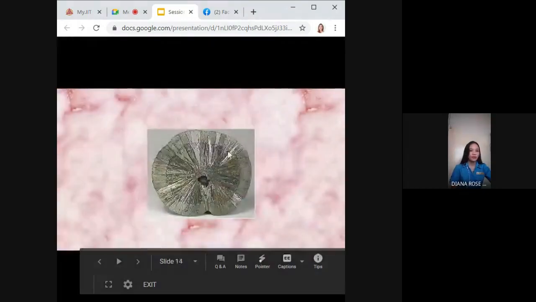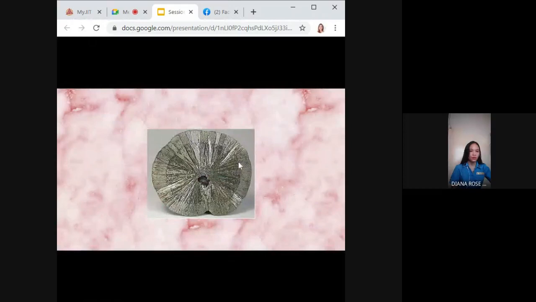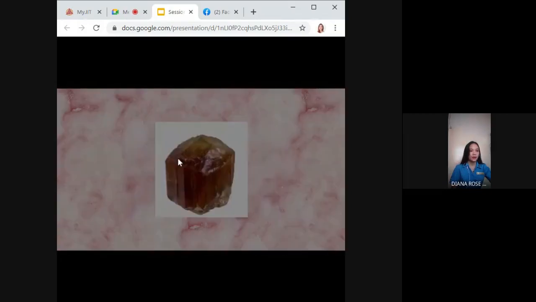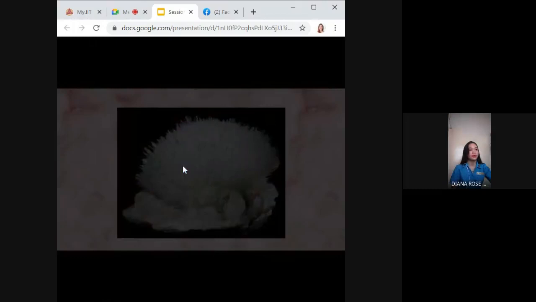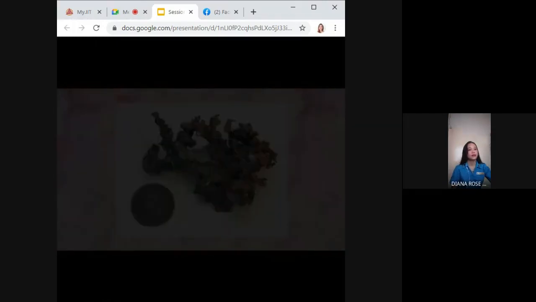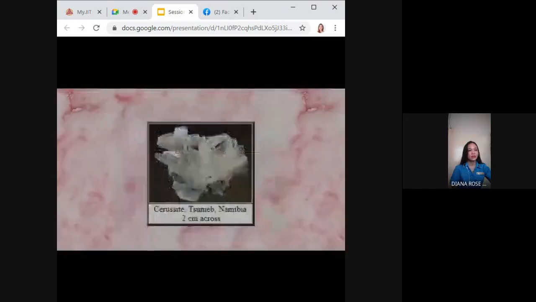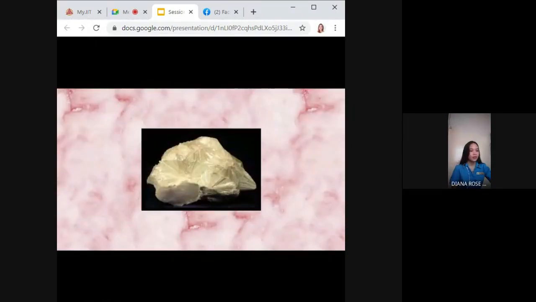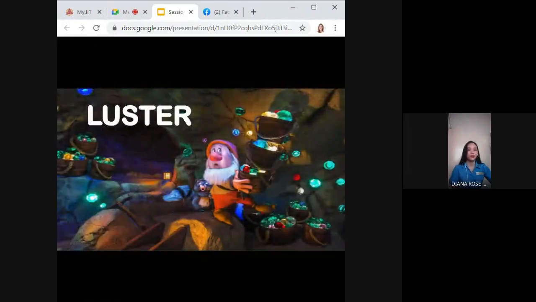And then, as a recap, this one is radiated, and this one is bladed. This one is cubic, equant, acicular, prismatic, dendritic, reticulated, tabular, stellate, and now we are in luster.